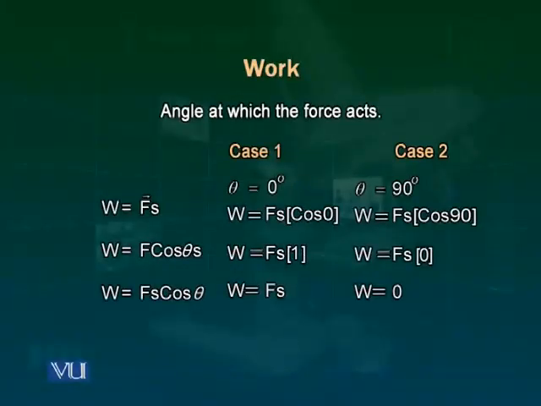Let's look at a second case where the force and the displacement are perpendicular to each other. If the force and the displacement are perpendicular to each other, then we have theta equal to 90 degrees, W is equal to Fs multiplied by cos of theta. In this case, it is 90 degrees. If we look up in the cosine tables, we find cos of 90 is 0, and in other words, work is 0.